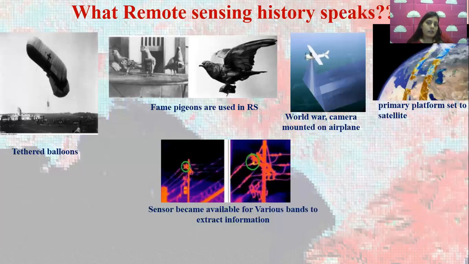So this is how the history goes, and this is how all the information was gathered, and finally we launched the satellites. We decided the process of how a satellite should be designed, how it will gather data, how that data will be helpful to us, and similarly we have achieved success in remote sensing.